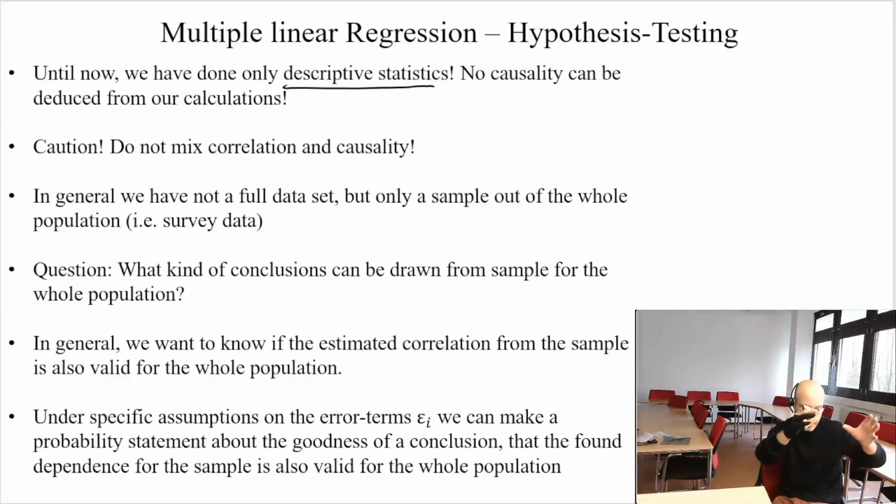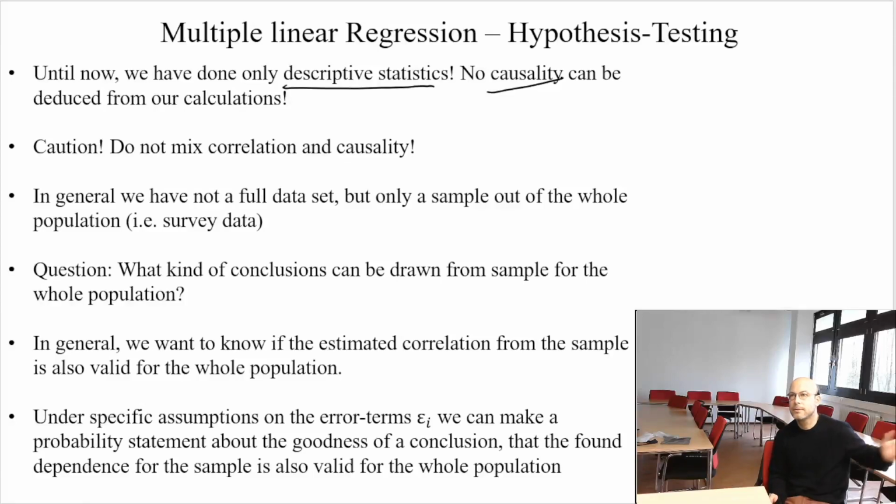So we just collect our data, and then we say from our data we find some correlation. But we definitely have no causality between our two variables, because this correlation we can also calculate from what the weather is like outside and how many babies will be born in the next week.